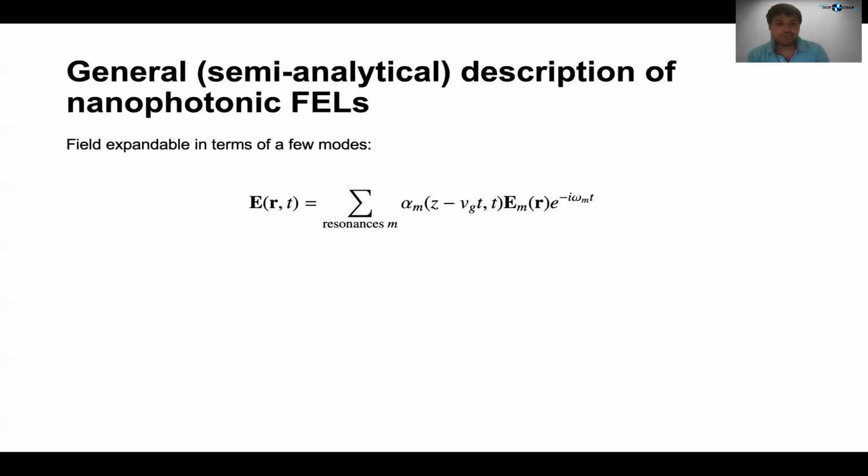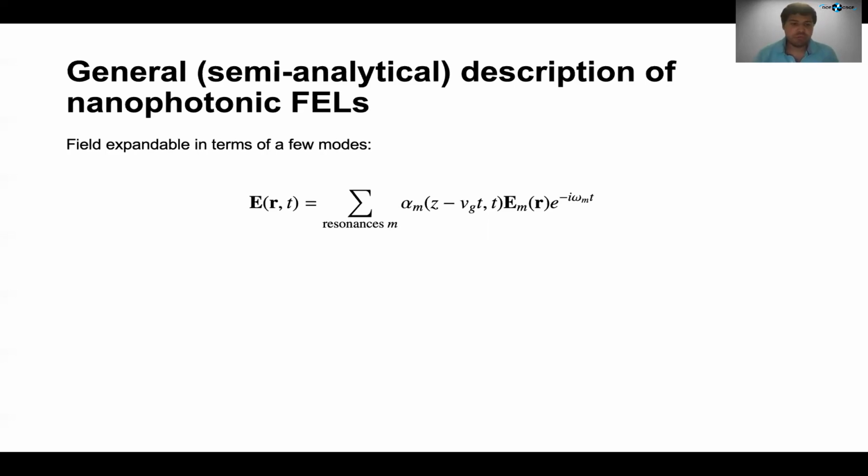So let's assume that the electromagnetic field is expandable in just a few of the electromagnetic modes of the Maxwell equations. So I'm writing the electromagnetic field as a sum of eigensolutions of the Maxwell equations weighted by envelopes that vary not only in time, but also in the direction z, which is the direction of the electron's propagation.